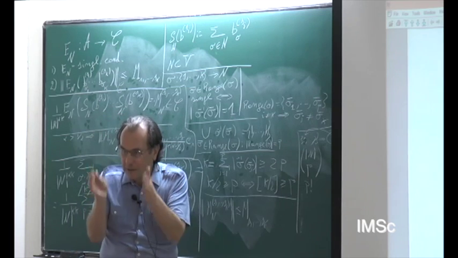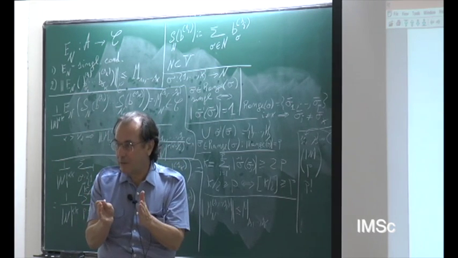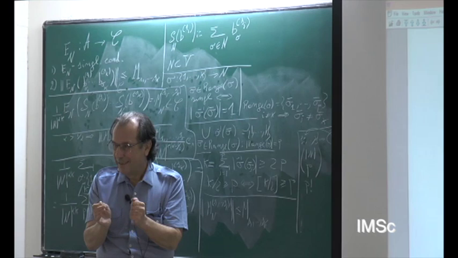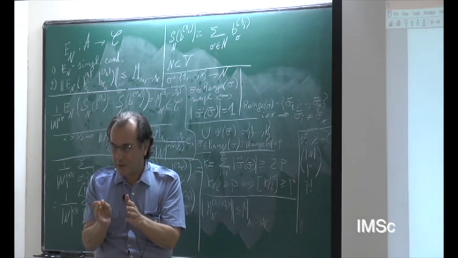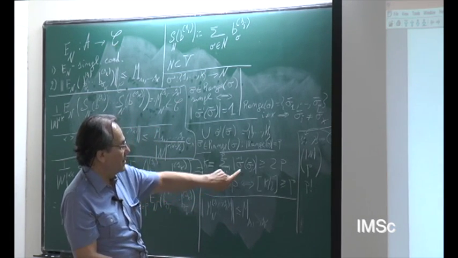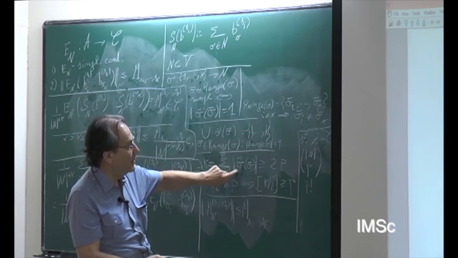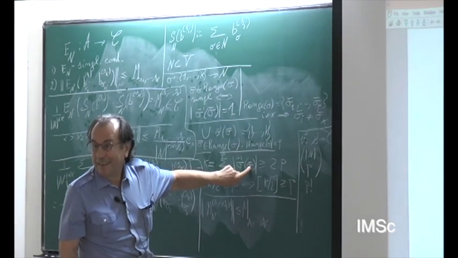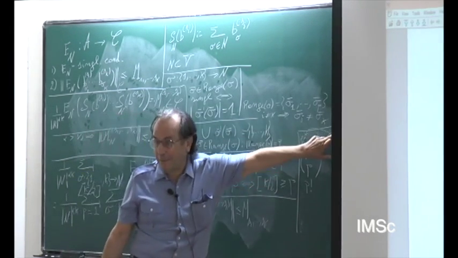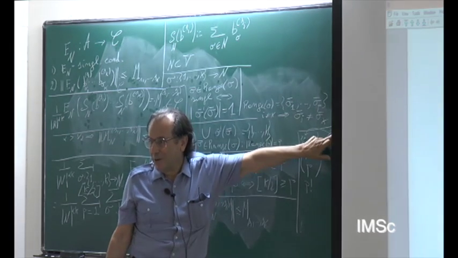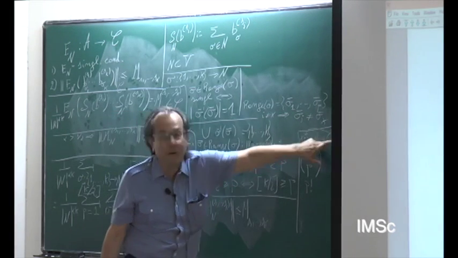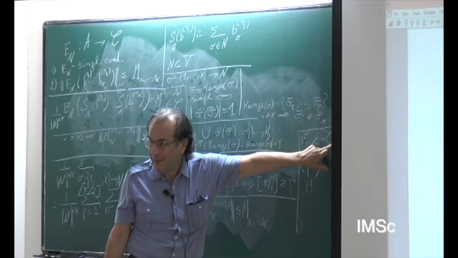And I have to fix the cardinality of this counter image. It's clear, this argument. I want to count the cardinality of each set sigma minus 1 of j. This is not fixed when I fix the range, because I have to decide how many points go into the same point. Okay?